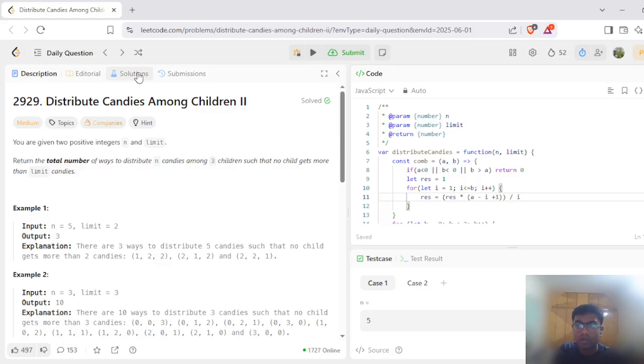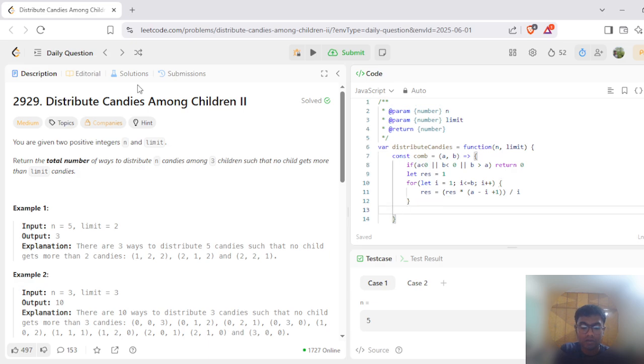This would be the formula, and let's simply return the result here.